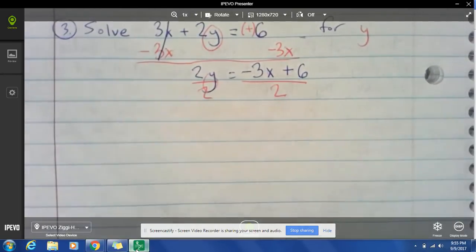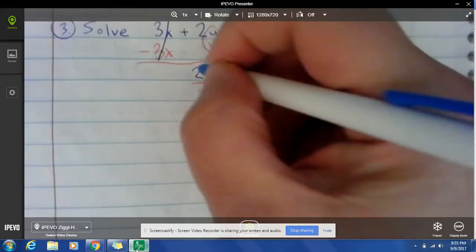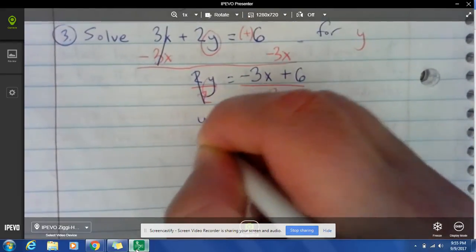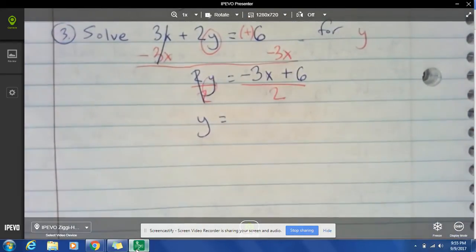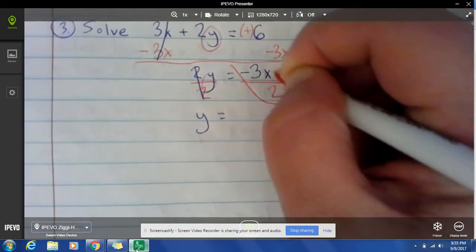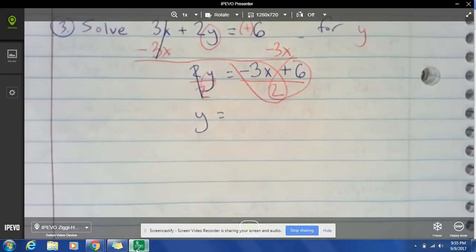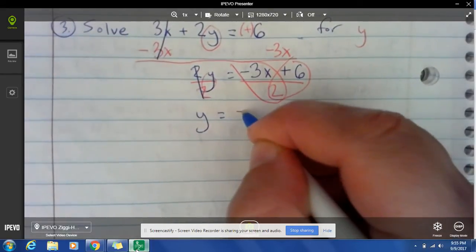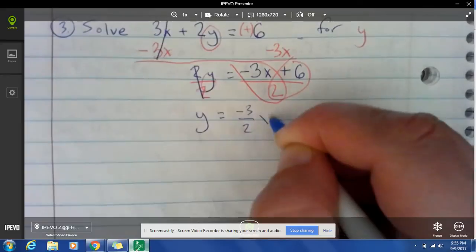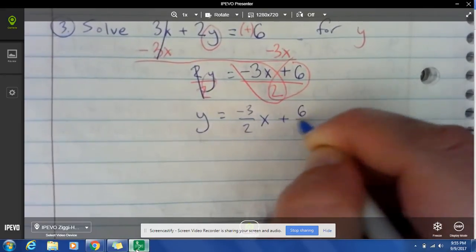All right, and so the 2s cancel out, we just have y equals. We're going to do what we did before. We're going to separate these into 2 different fractions. And so we're going to have negative 3 over 2x plus 6 over 2.